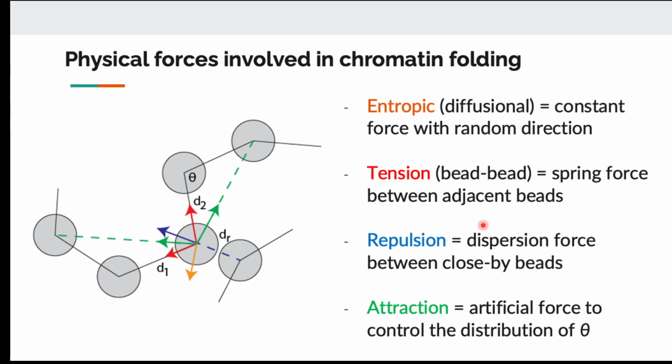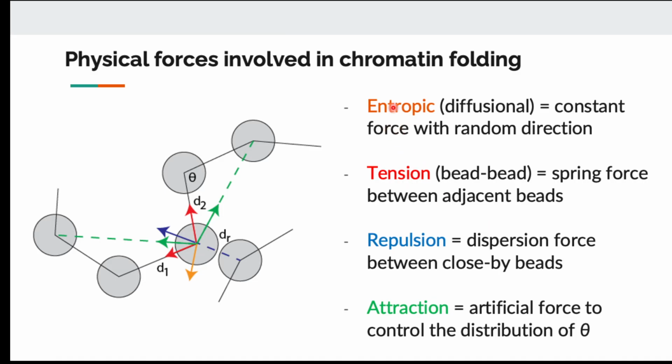Next class, when we talk about protein, there will be more details about the atomic force that acts on the protein, because different side chains have different properties. But for nucleotide, in this case when we model the nucleosome, we don't assume it to have any charge. So there is no specific electrostatic or bonding between them.